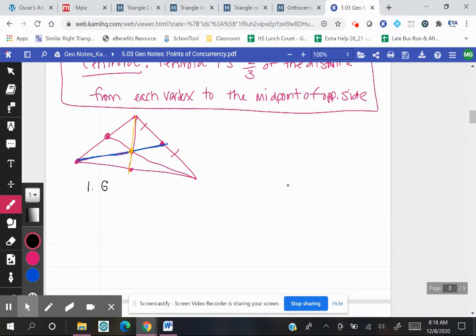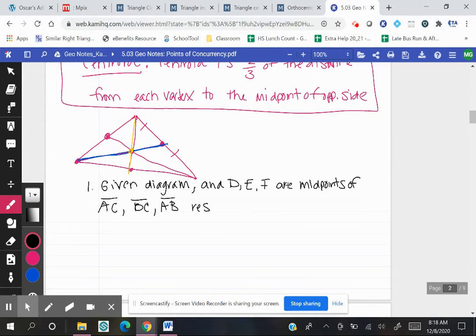So number 1, given the diagram, which I'm going to draw for you, D, E, and F are midpoints of segment AC, BC, and AB respectively. Remember, respectively just means in that same order. So D is the midpoint of AC, E of BC. And determine the ratio for each of the following.